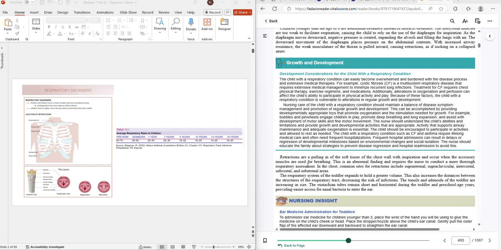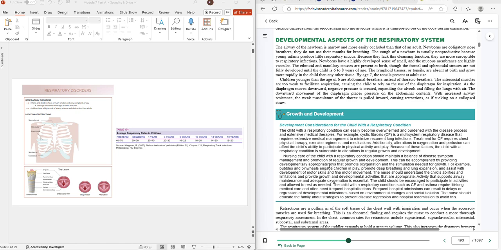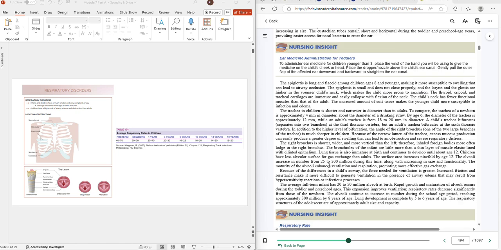It discusses the amount of alveoli at birth. So let's find that. The average full term has about 20 to 50 million alveoli at birth. Okay. As a child gets older, they develop more.